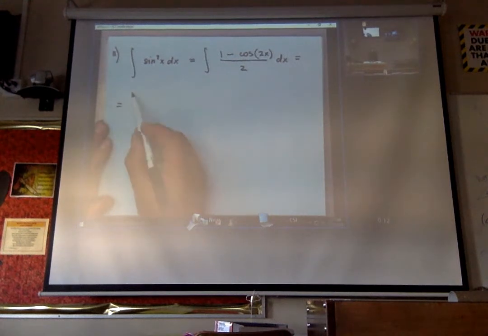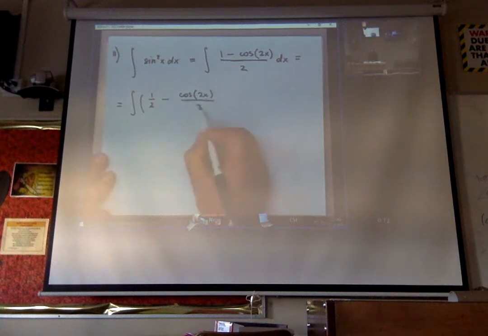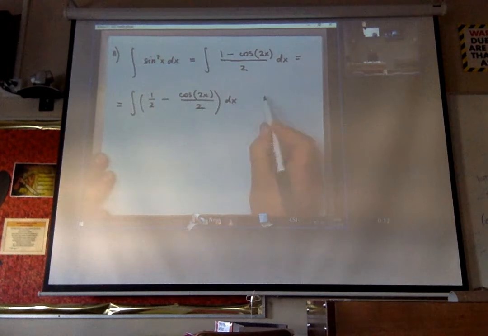So now we're going to split this as 1 over 2 minus, well, we actually can factor out 1 over 2, yes, no? Or what did I do last time? I keep it like that? Yeah. Okay, so let's keep it again. Cosine of 2x over 2 dx.